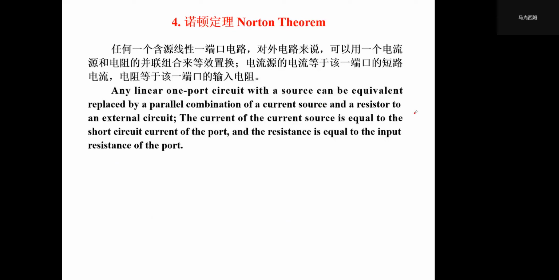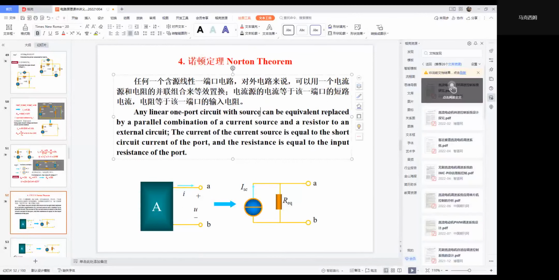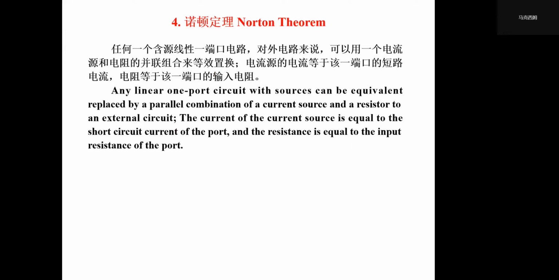For any linear one-port circuit with sources, we can transform it into a one-port linear system with only one current source in parallel connection with a resistor.